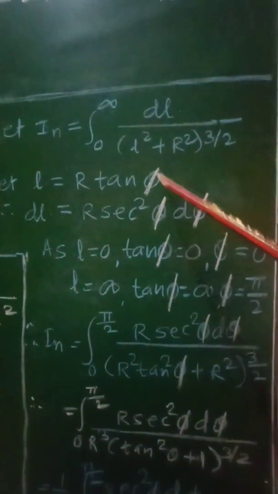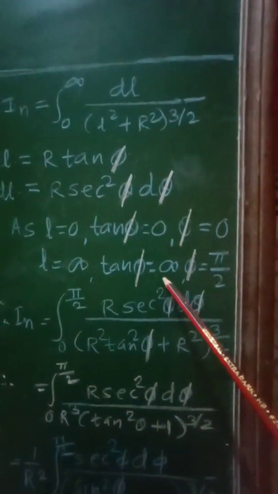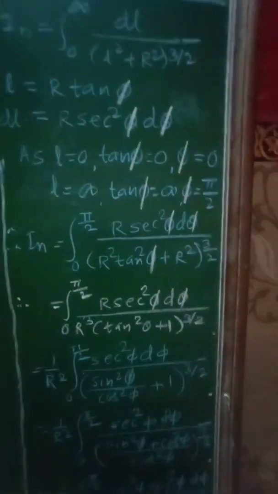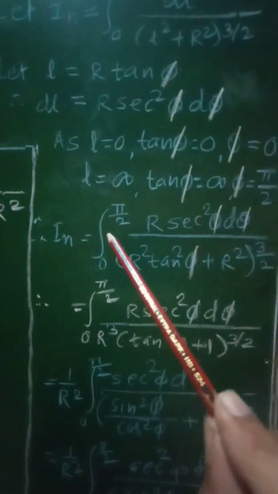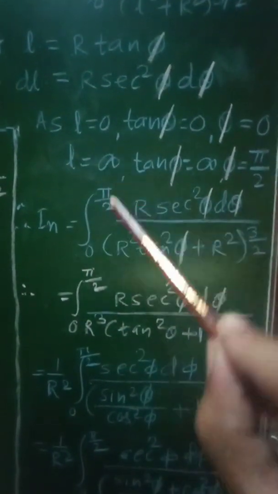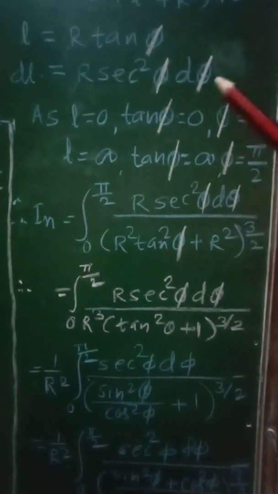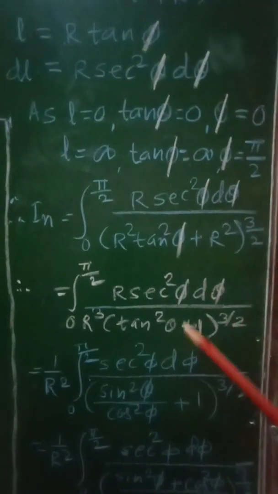It will be infinity if tan phi is infinity, and therefore phi will be equal to pi by 2. Now the limiting values will be 0 and pi by 2, instead of 0 and infinity, because your angle will be there now.